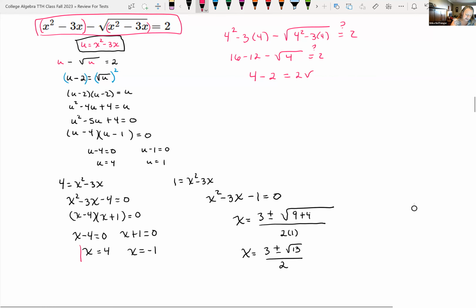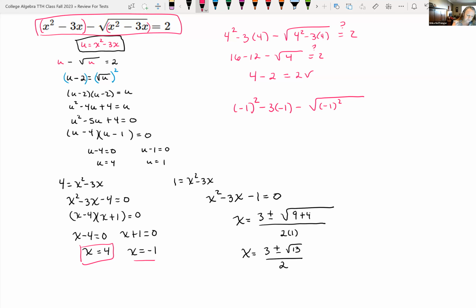So now we want to look at x equals -1. So plugging that back in for x in our original equation, we want to know is -1 quantity squared minus 3 times -1 minus the square root of -1 quantity squared minus 3 times -1 equal to 2?